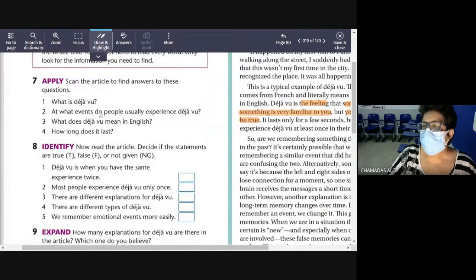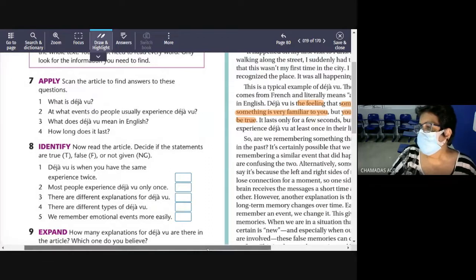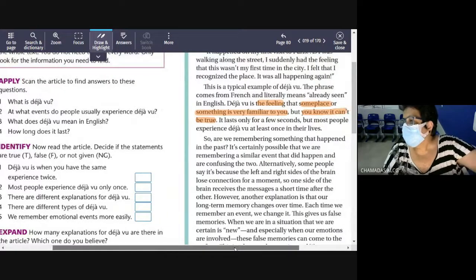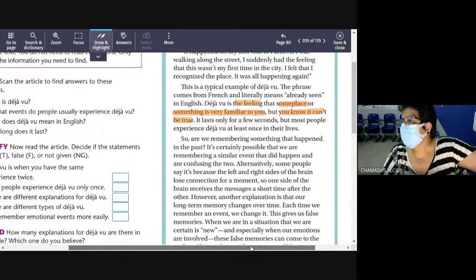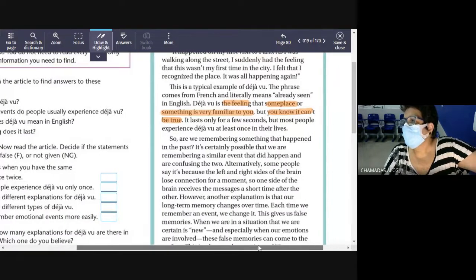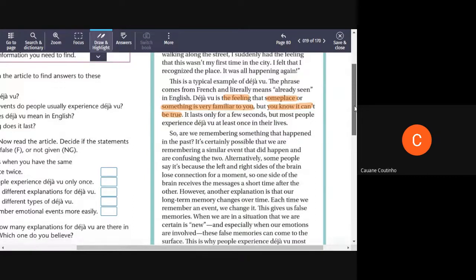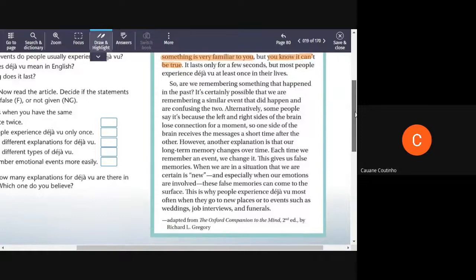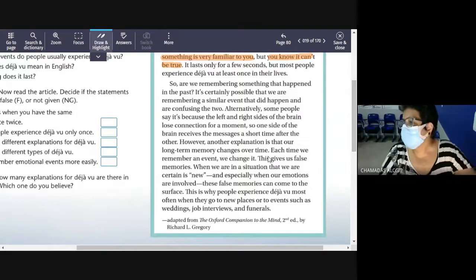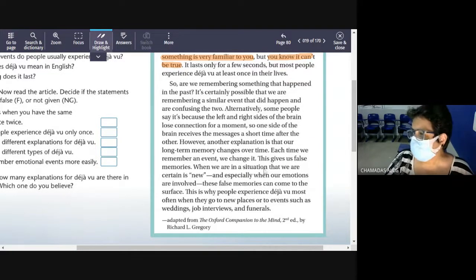At what events do people usually experience déjà vu? When you visit a new country or experience a new situation. Yes, when it's something new. Exactly. Usually when something new is happening, this is something common, right?